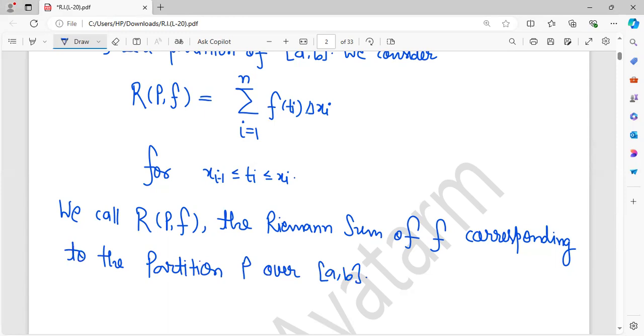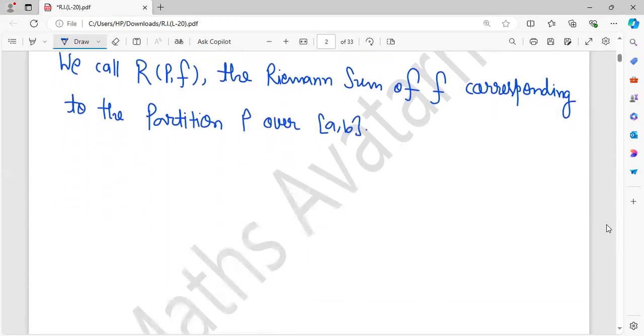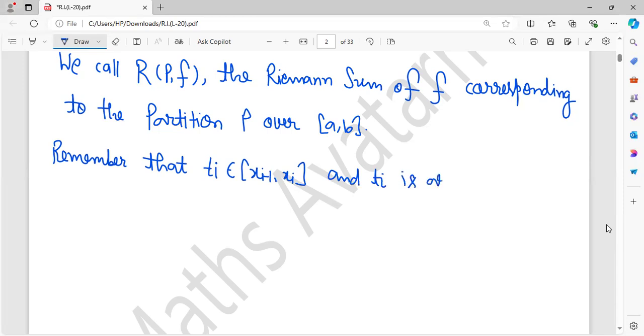So note and remember that ti belongs to [x(i-1), xi] and ti is arbitrary in [x(i-1), xi]. You can choose any ti.